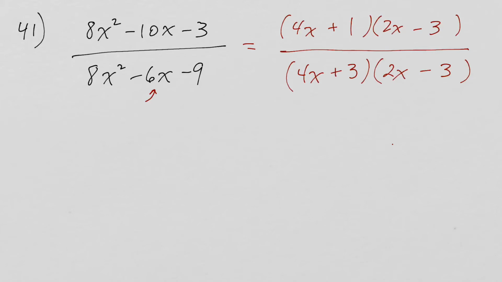A positive 3 gives me a positive 6 on the inside, and that brings me to my negative 6. All right. So now I can see that I have a common factor of 2x minus 3 on the top and bottom. So my final answer, and again I'm going to eliminate my parentheses, is 4x plus 1 over 4x plus 3.